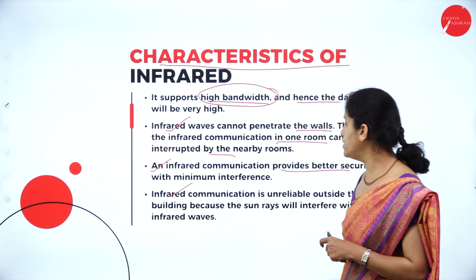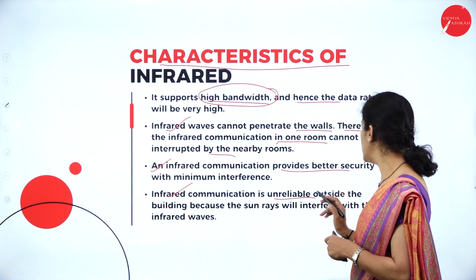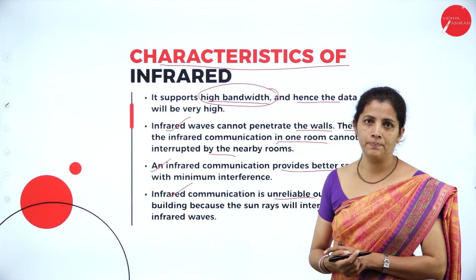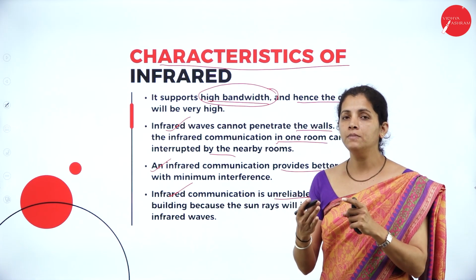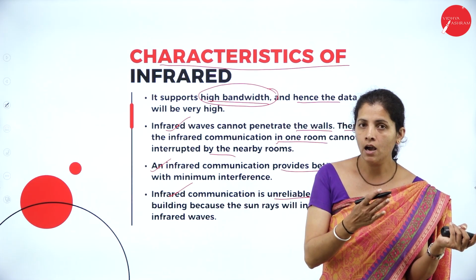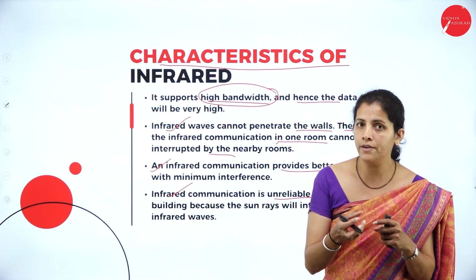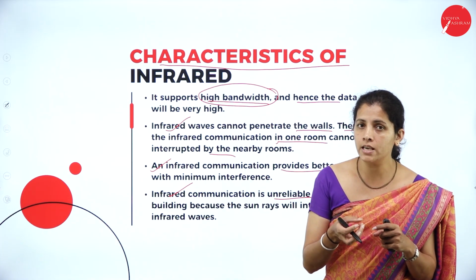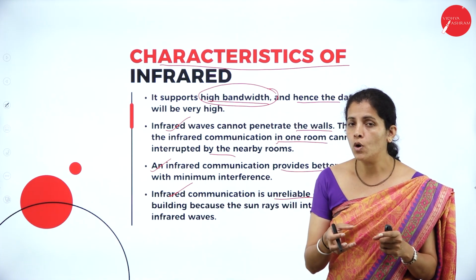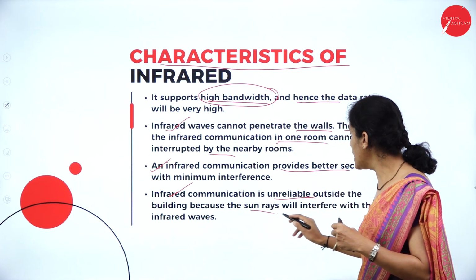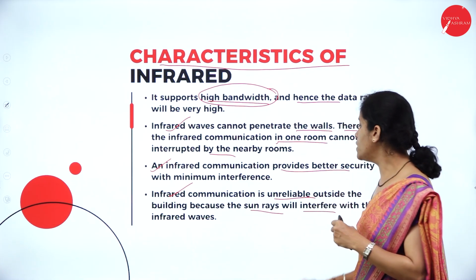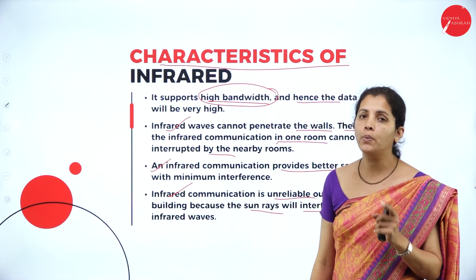Infrared communication is unreliable outside the building. Think that I am standing outside the house and I am trying to turn off the TV or the AC. Is it possible? No, because sun rays will interfere with the infrared waves.